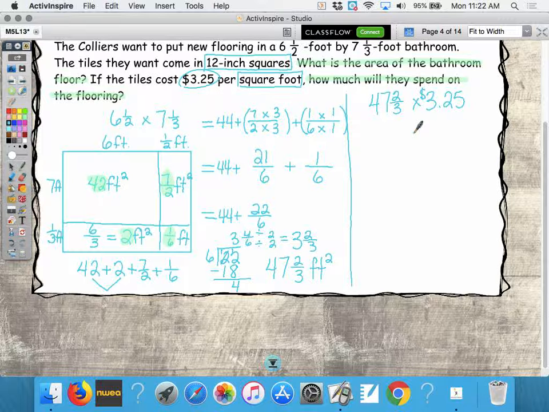Because think about when you go to the tile shop and you're buying tiles. I mean, they literally come in boxes of 10 or so. And when you're buying tiles, think about what you're going to put in your cart when you need 47 2/3 tiles. Don't say it. Talk to your table group about it. What are you going to put in your cart?